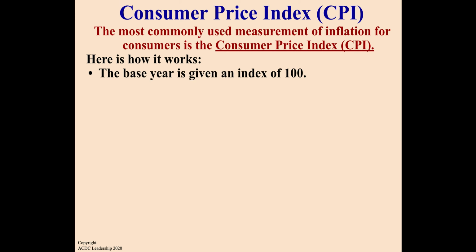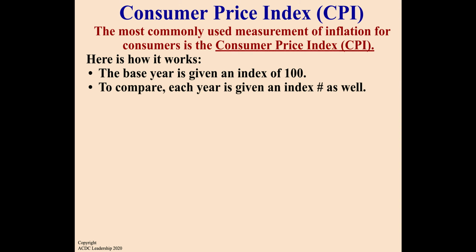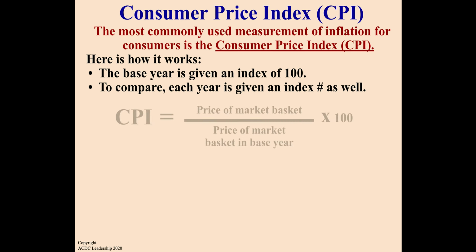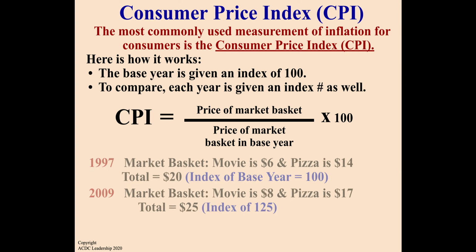CPI is the most commonly used measurement. Here's how it works. The base year gets an index of 100, and then each year is given an index number as well. So the CPI equation is the price of the market basket over the price of the market basket in the base year, times 100 to get that percentage. So in 1997, let's say there's a market basket: a movie is $6 and a pizza is $14. That's a total of $20.